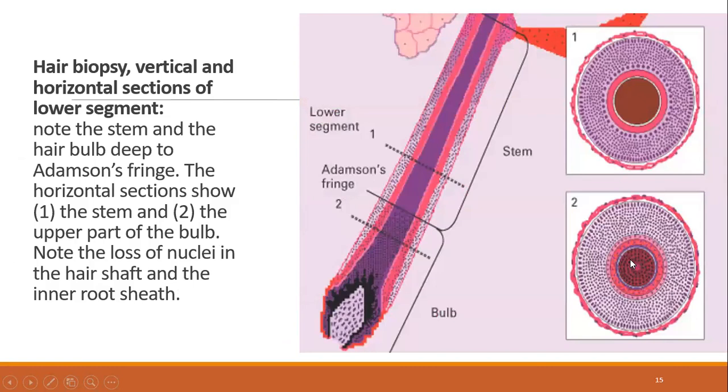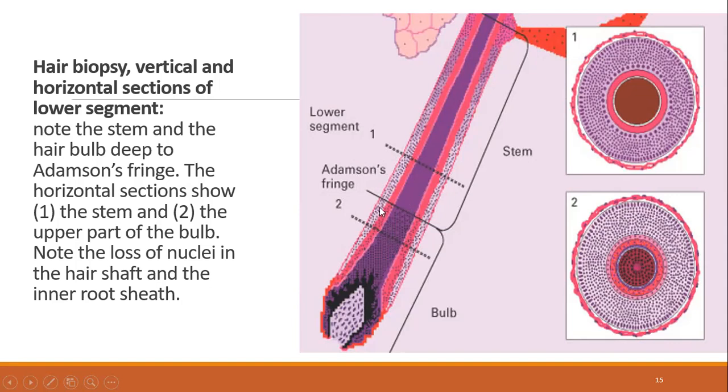Now, the hair biopsy and vertical and horizontal section of the lower segment. Note the stem and the hair bulb deep to Adamson's fringe. Adamson's fringe is this area where the nuclei are replaced by the keratinization in the hair shaft.